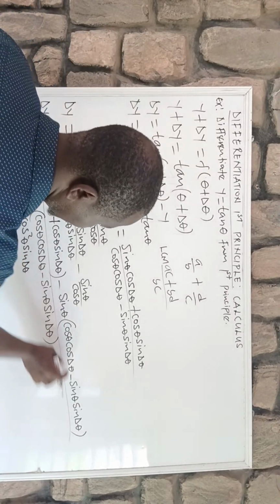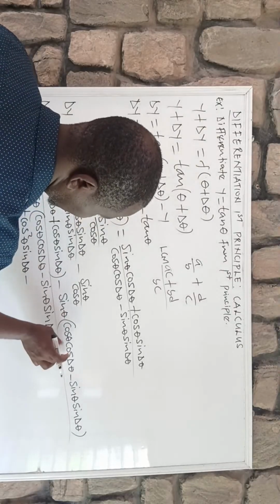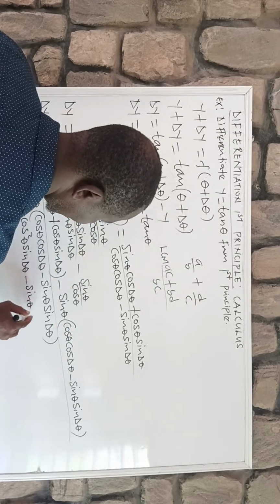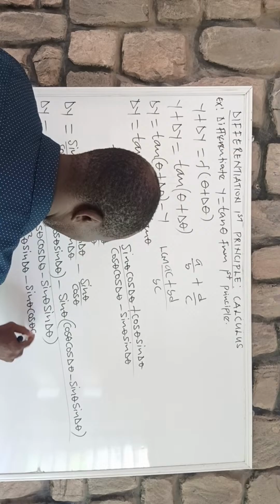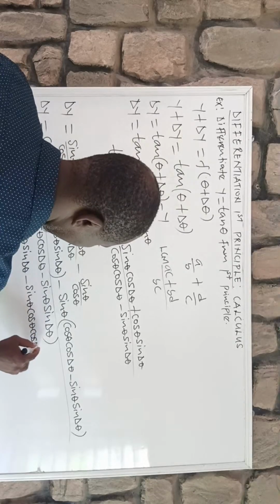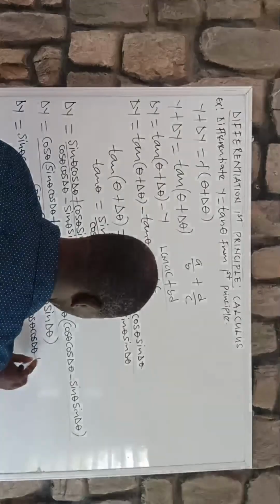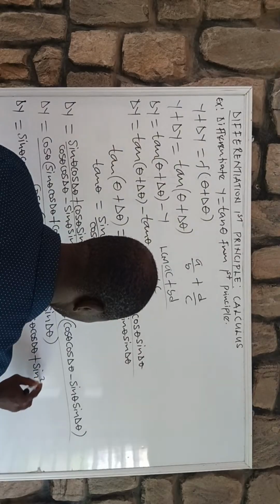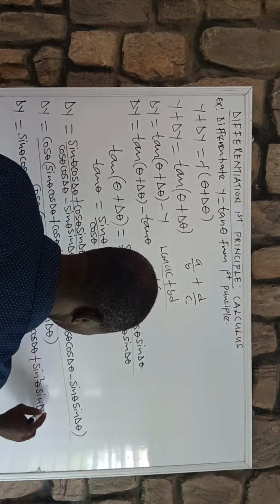Then use this minus to open this bracket: if you use this to multiply this, you are going to have minus sin theta cos theta cos delta theta. I use this minus to multiply this, you are going to have plus sin square theta sin delta theta.